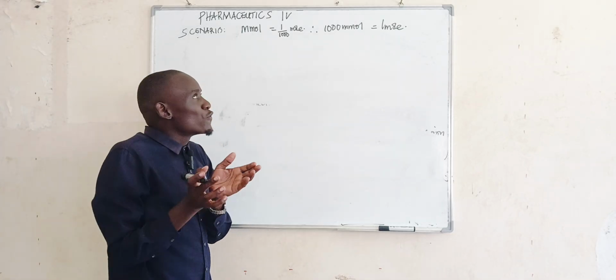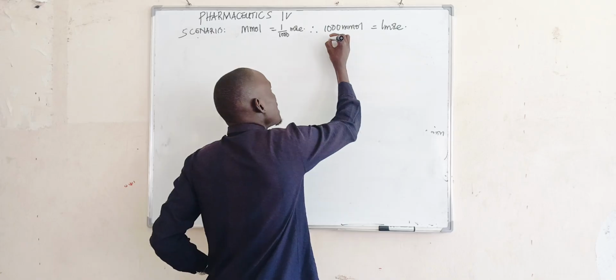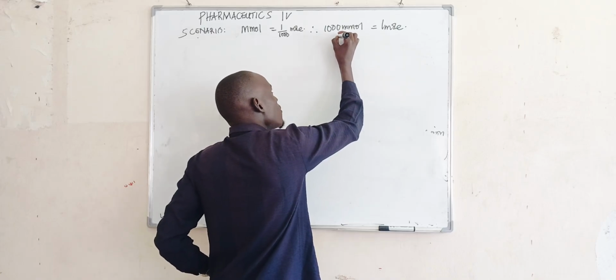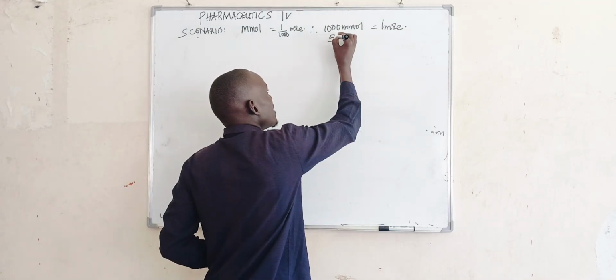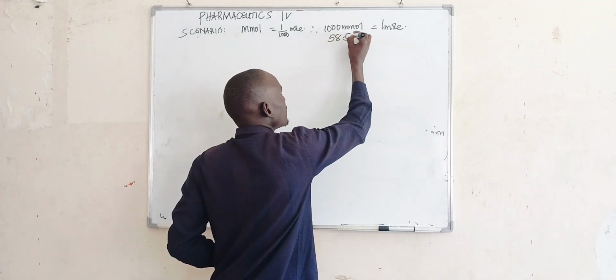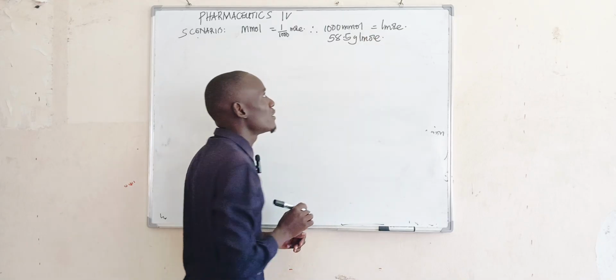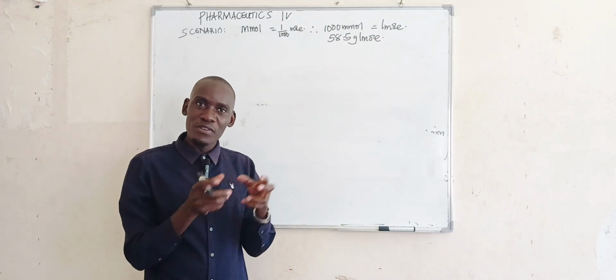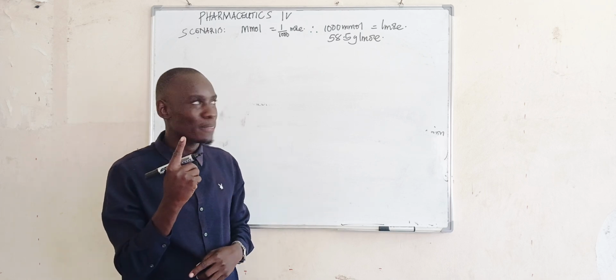But from molecular weight, we are all much aware that the molecular weight of sodium chloride, for example, is 58.5 grams per mole. So that means molecular weight is the mass of a substance in 1 mole.